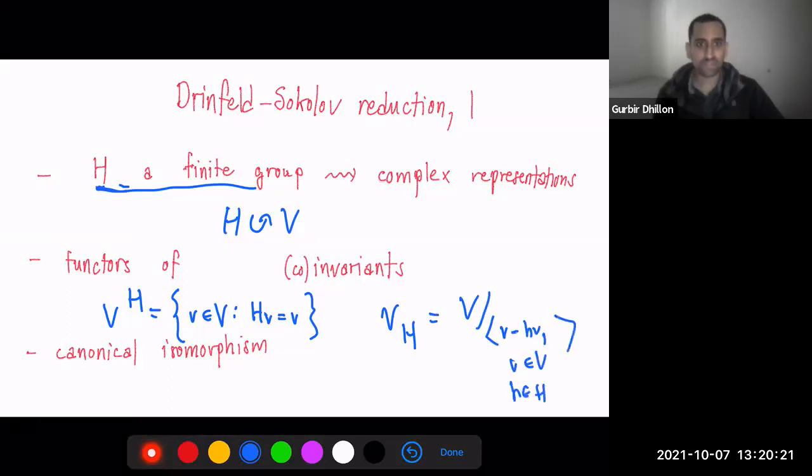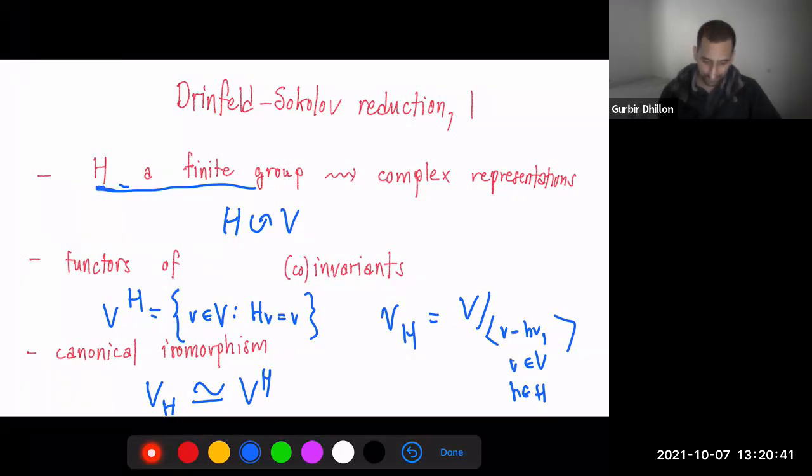Okay, so a priori there's two different things you can do, but a basic theorem, which is more or less equivalent to the complete reducibility of representations of finite groups, is that these two operations are canonically isomorphic. So the invariants and the co-invariants, you can identify them by some average.